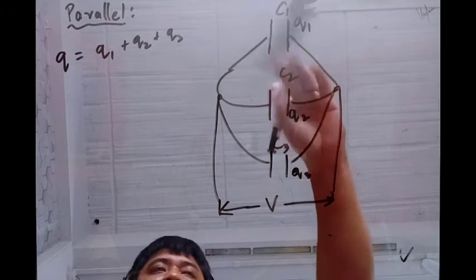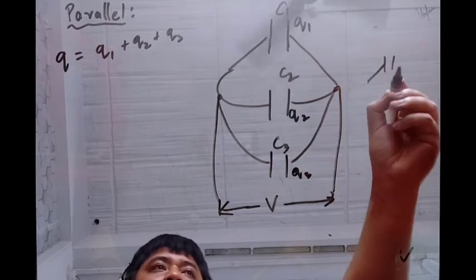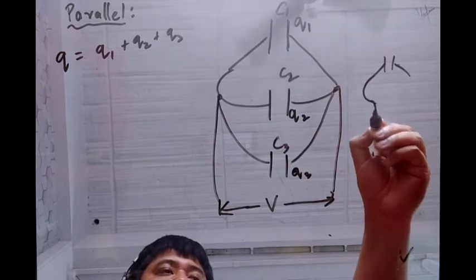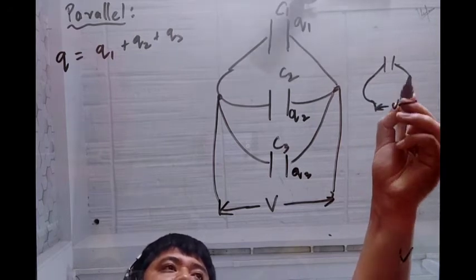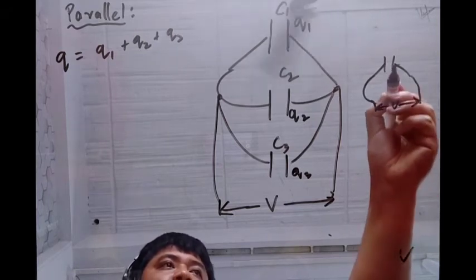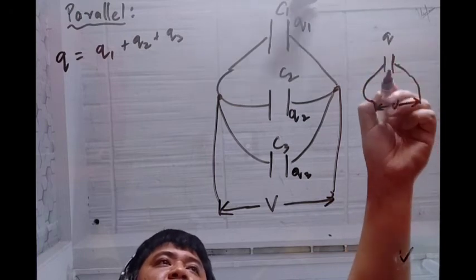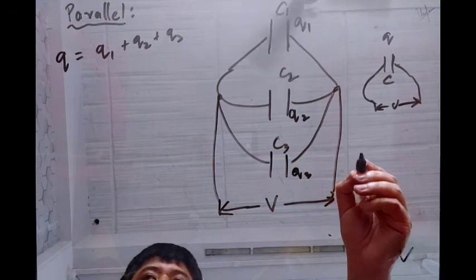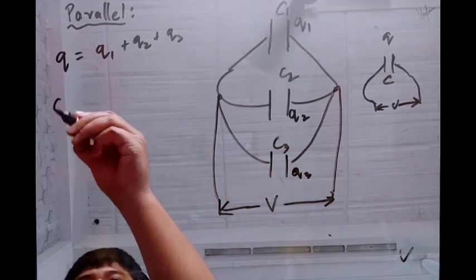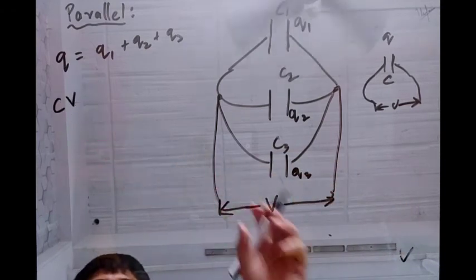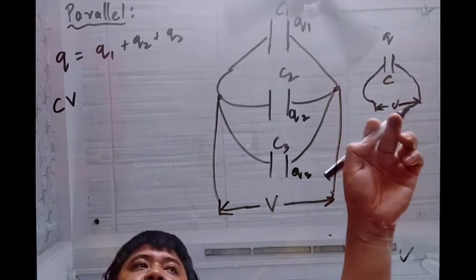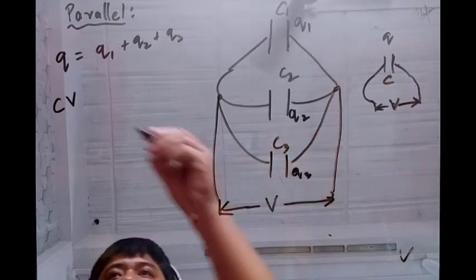If we take these three as one, that is the effective capacitance. It is connected through potential difference V. This is Q and this will be C. Then Q equals CV. C is the effective capacitance and V is the total potential.